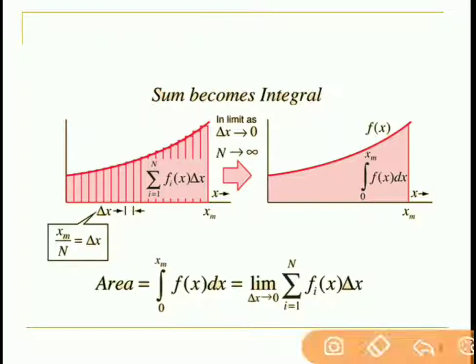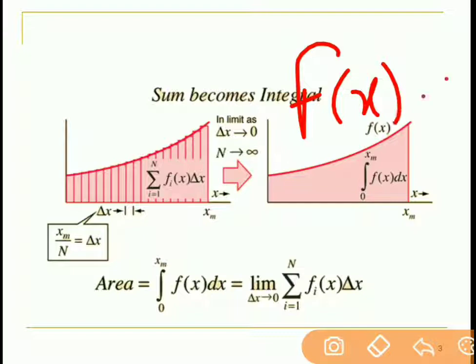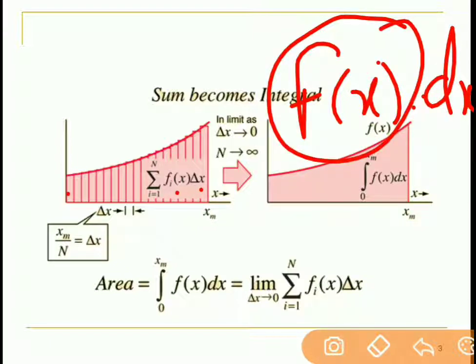So finally we got the area of one rectangle as f of x into dx. So f of x into dx is the area of any rectangular strip. As we know, f of x into delta x is the area of the rectangular strip, and this f of x will vary in all the rectangular strips, while delta x will remain constant.